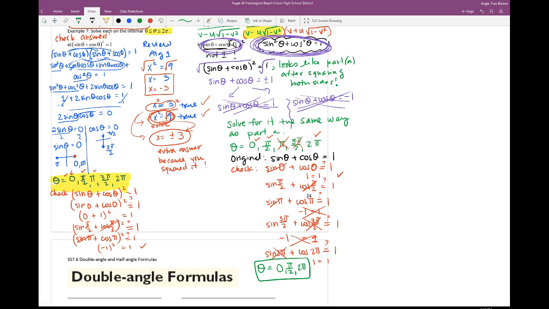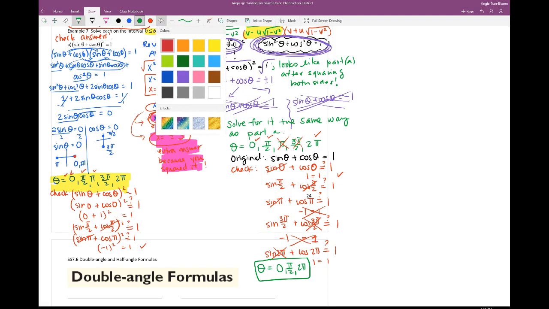But in part B, we had to square both sides so we can manipulate the identities to solve. So when you square both sides, let's go back to this thing right here. What's going on? You have extra answers.